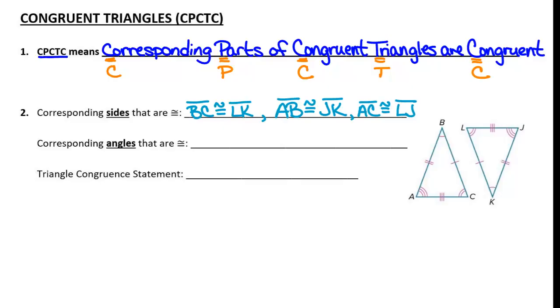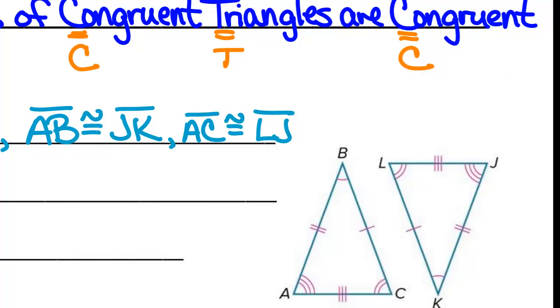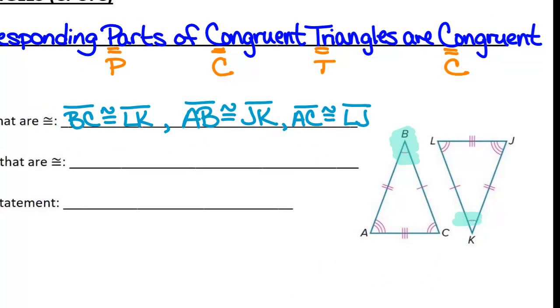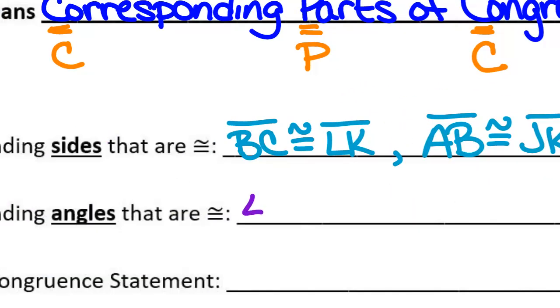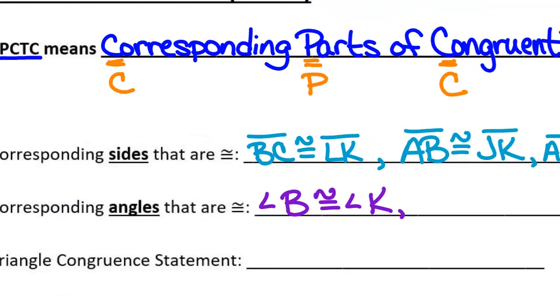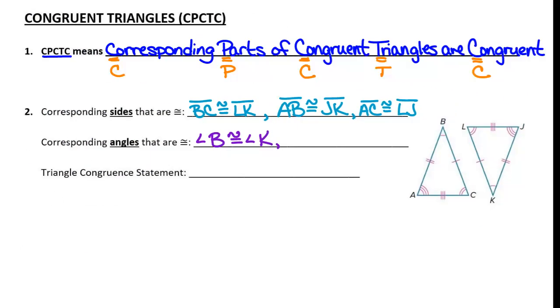Now we're going to do the corresponding angles that are congruent. On triangle ABC, I notice that angle B up at the top has just 1 congruence marking on it. What would the corresponding congruent angle be on this other triangle? K. It has just 1 congruence marking on it right here. So we can say angle B is congruent to angle K. What is the corresponding congruent angle to angle C?